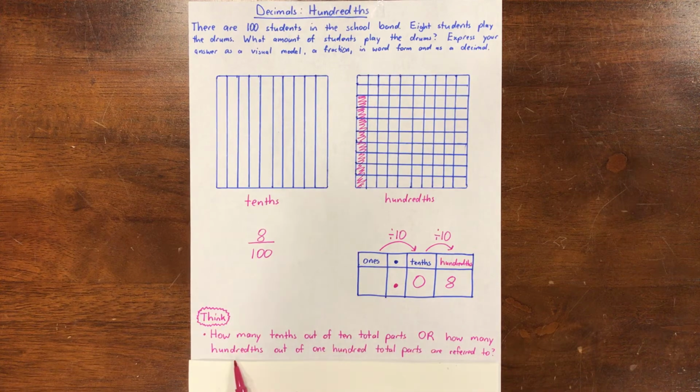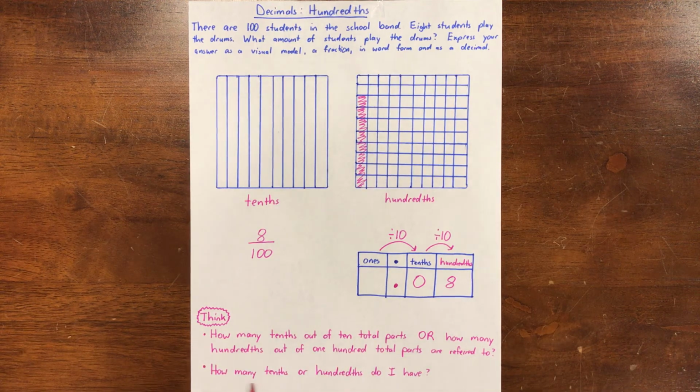Or how many hundredths out of 100 total parts, that's here, are being referred to. And what do we need to think about when we go to actually write them? Say it out loud. Right. We think, how many tenths or hundredths do I have? And then we write that digit in the tenth or hundredths place.